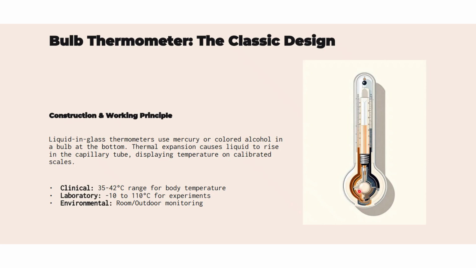So as the temperature increases, the liquid expands into the narrow tube, and the height of the liquid gives the temperature. These thermometers are used in clinical, laboratory, and environmental applications.